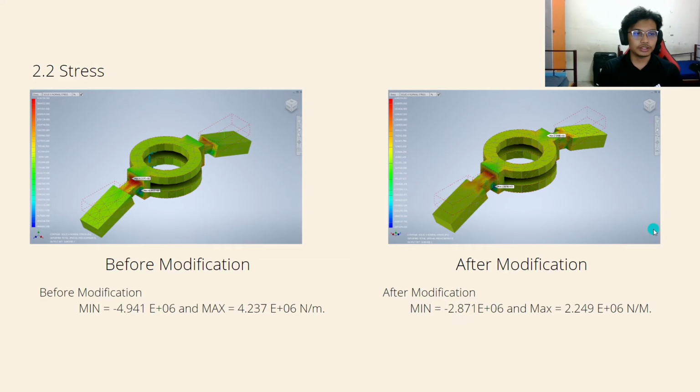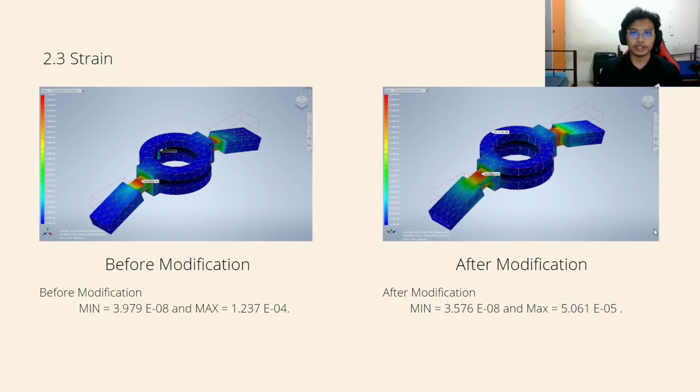And for the strain, before modification minimum is equal to 3.979 exponent -8 and maximum equal to 1.237 exponent -4, and after modification minimum 3.576 exponent 0.8 and maximum 5.061 exponent -5.